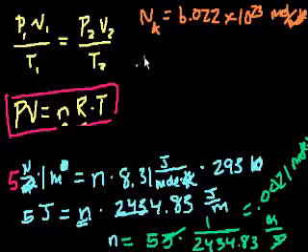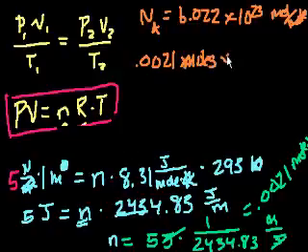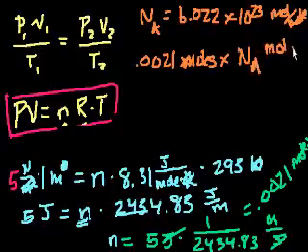Well, I just multiply that 0.0021 moles times Avogadro's number, molecules per mole. So then the moles will cancel out.